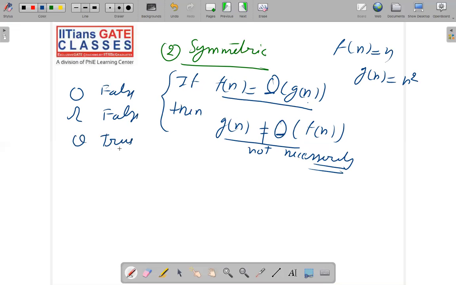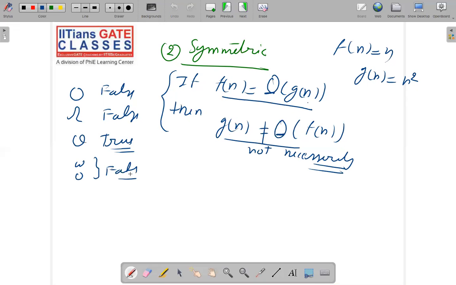True. Because in theta, we are saying that both functions are actually equal. And it will be obviously false in case of small omega and small o. False.